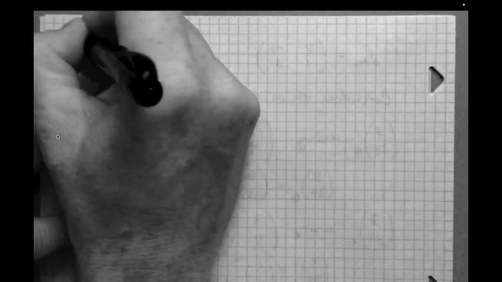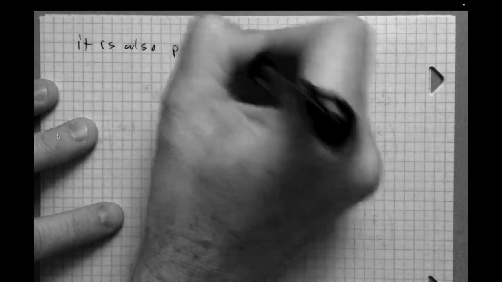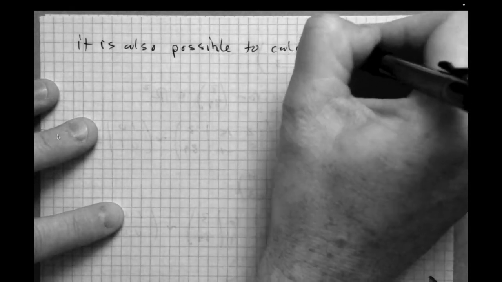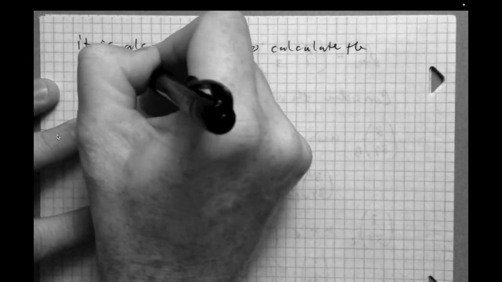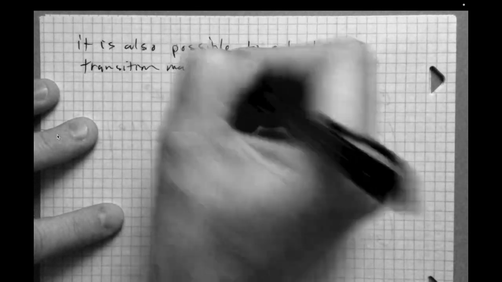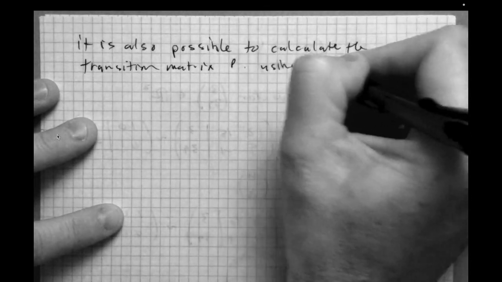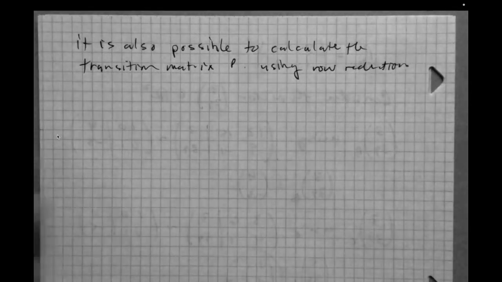Okay, so it is also possible to calculate the transition matrix using row reduction. So how do we do it?